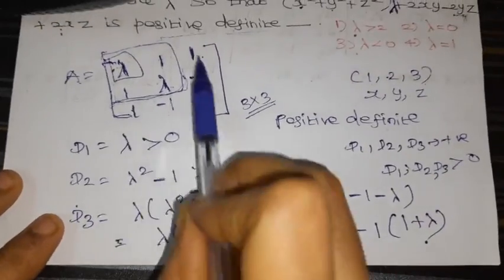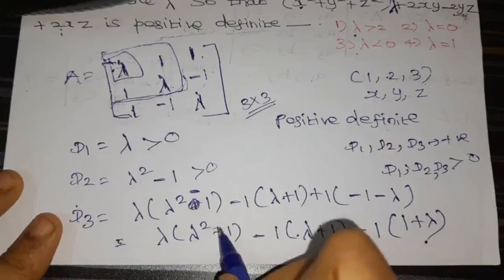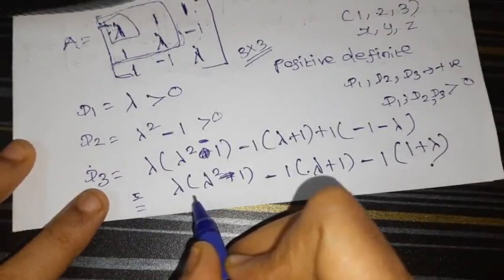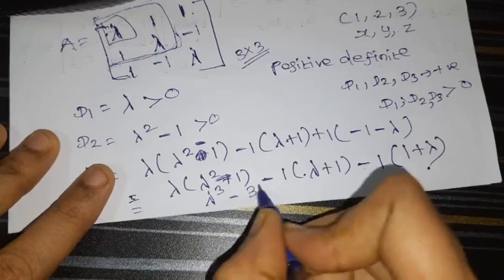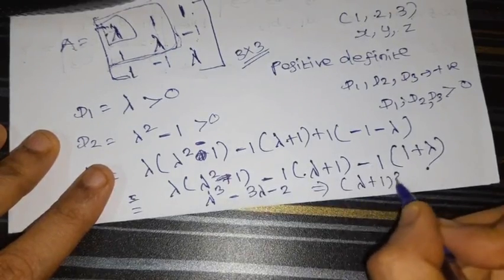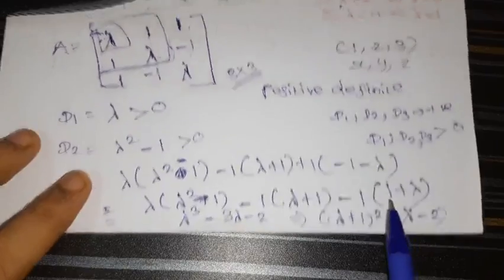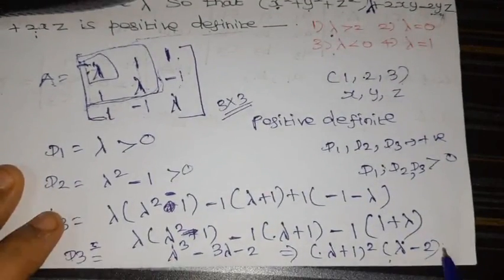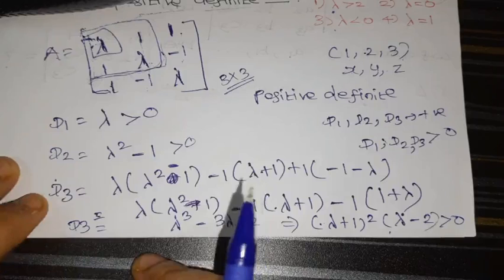Here it is lambda squared minus 1. When simplifying we will get lambda cube minus 3 lambda minus 2, which can be factorized as lambda plus 1 the whole square into lambda minus 2. You can check it. This is d3, and that is also greater than 0. So d1, d2, d3 are greater than 0.